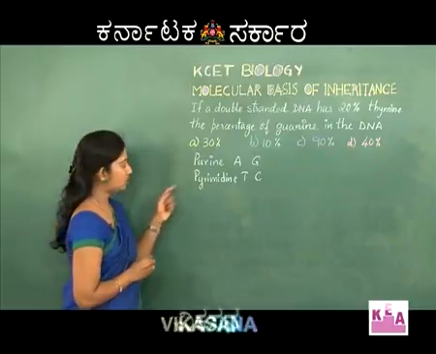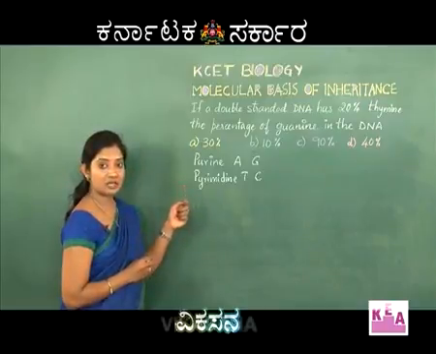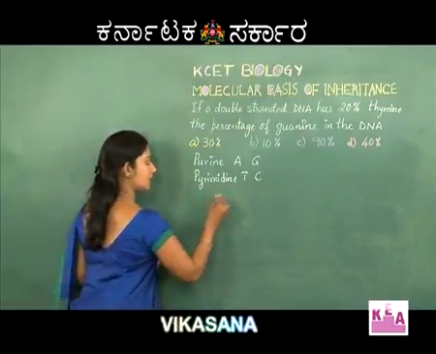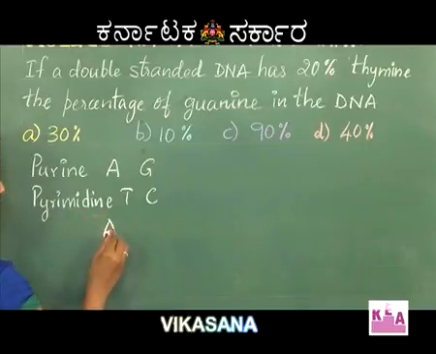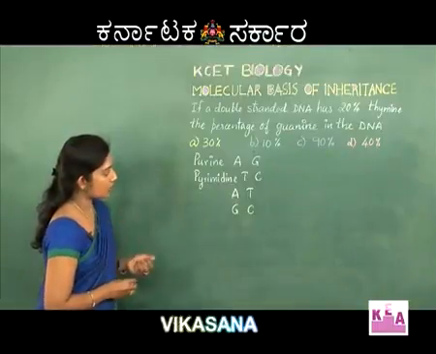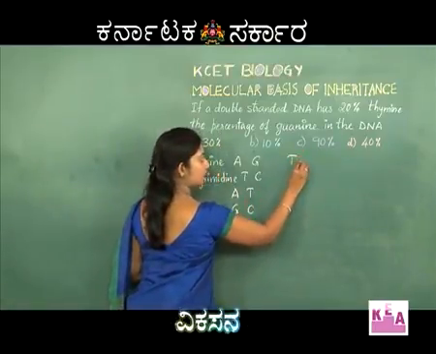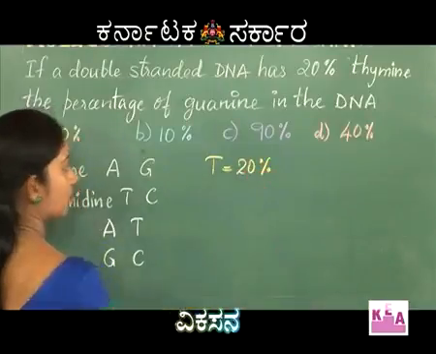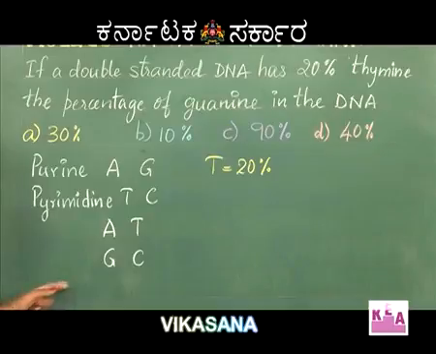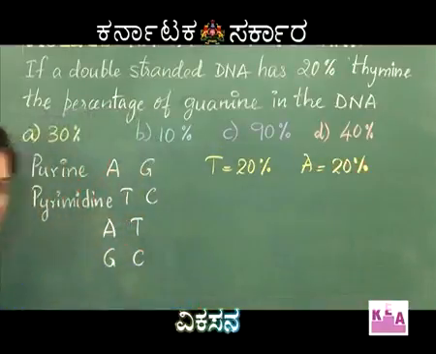According to Chargaff's rule, purine always pairs with pyrimidines, and the base pairing is also very specific, that is, A always pairs with T and G always pairs with C. So here the percentage of thymine given is 20. So what will be the percentage of A? It has to be 20.